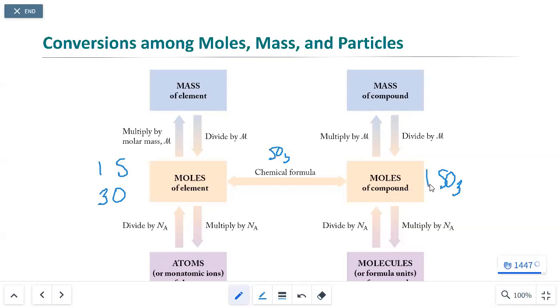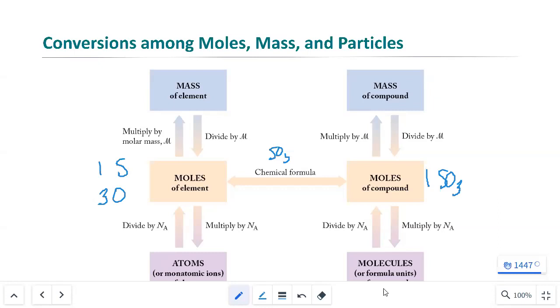So one SO3 gives me one sulfur, 3 oxygens. So if I know the number of moles of sulfur trioxide, I also know it's got to have an equal number of moles of sulfur and 3 times as many moles of oxygen because of its formula.